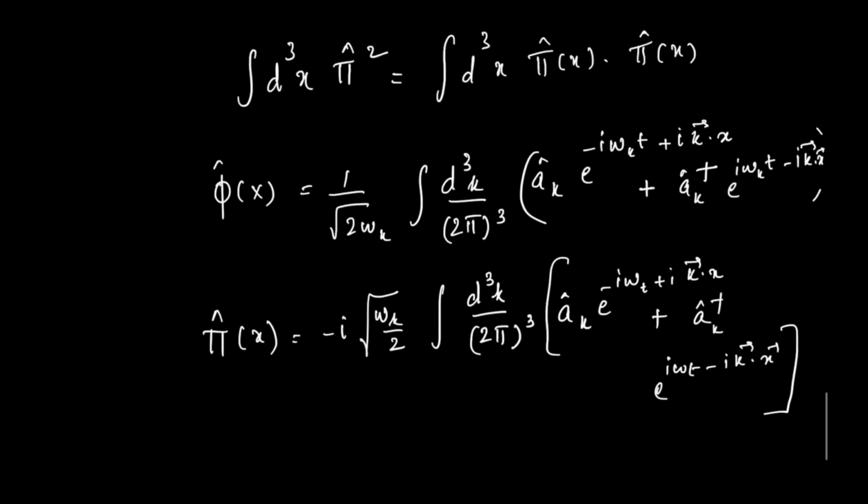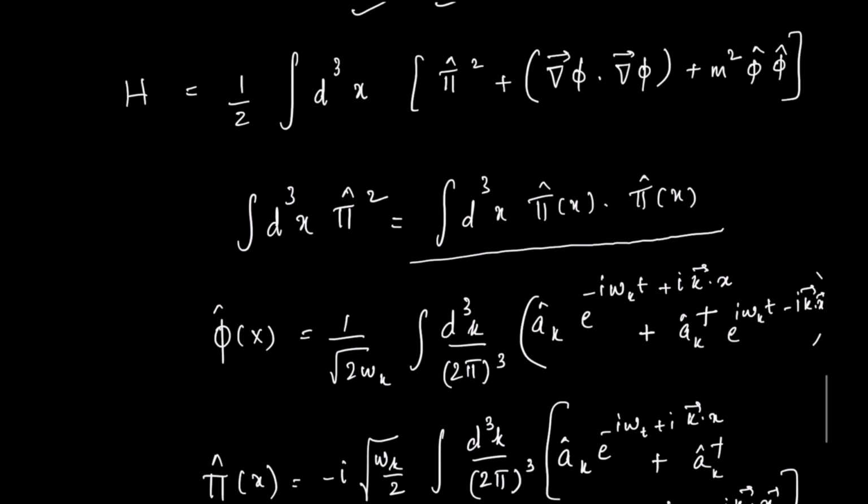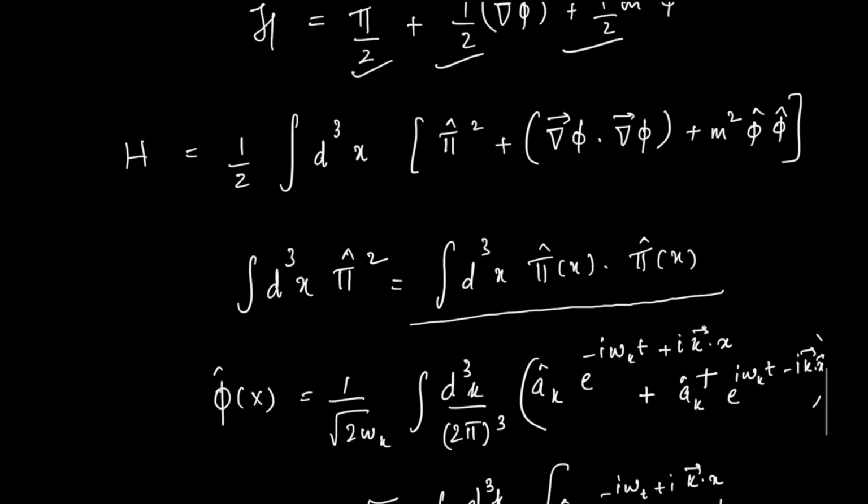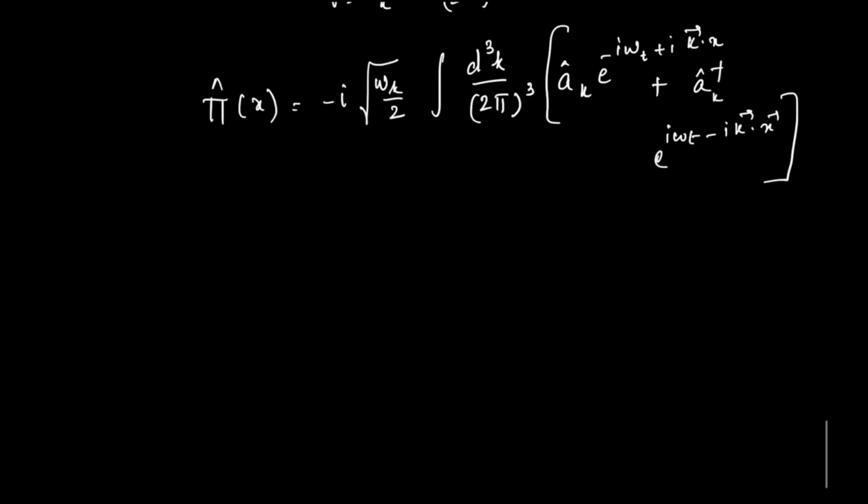So what I have to find is integral of d cube x pi multiplied by pi. So this itself will be a very long calculation. Then I have to find integral d cube x gradient of phi dot gradient of phi. Then I have to find integral d cube x phi dot phi. Then I have to add up everything to get the total Hamiltonian. So let's start the calculation.